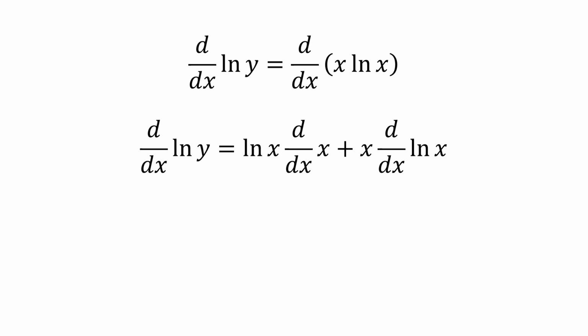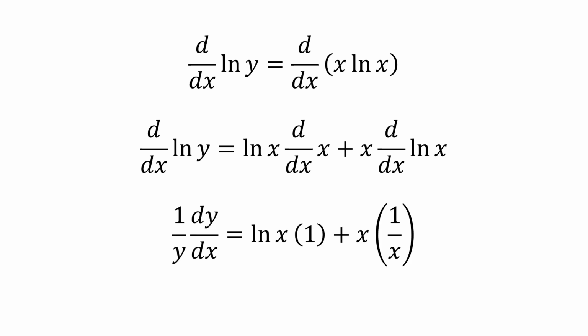Putting all this together, we obtain 1 over y times dy by dx equals ln x times 1 plus x times 1 over x.